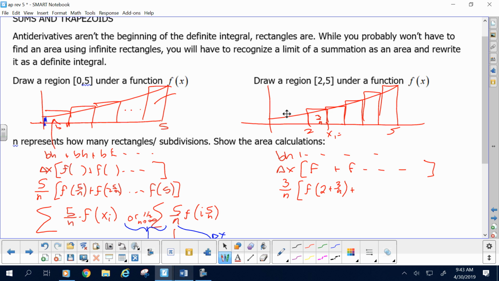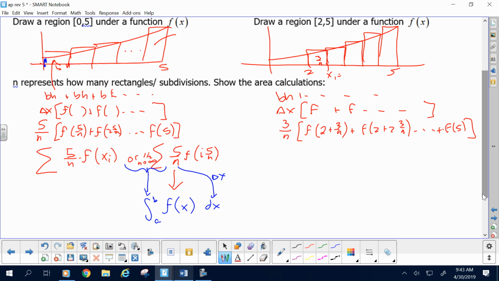And the next would be f at 2 plus 2 3 over n's, and so on, ending at f of 5, so that in the summation, I might see something a little more complicated. I'd still see the base of 3 over n, but that 3 over n is loaded because it doesn't mean it went from 0 to 3. 3 wide could have been a lot of different regions.